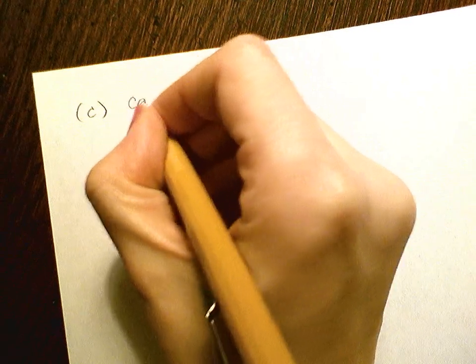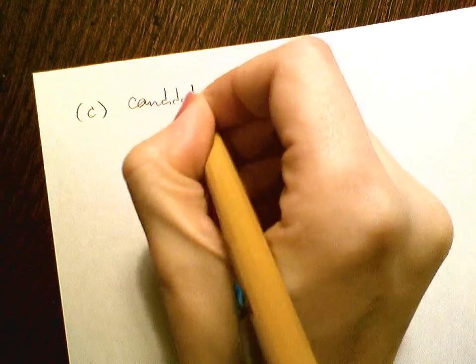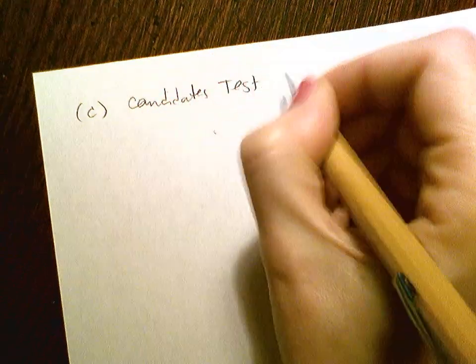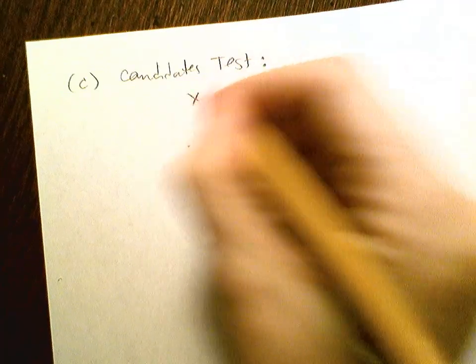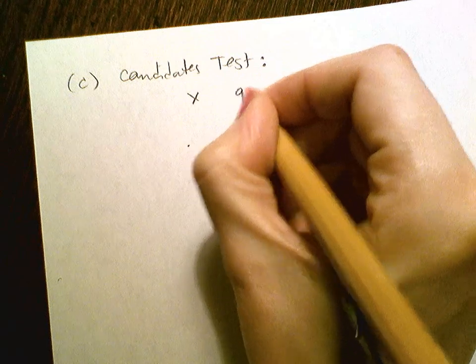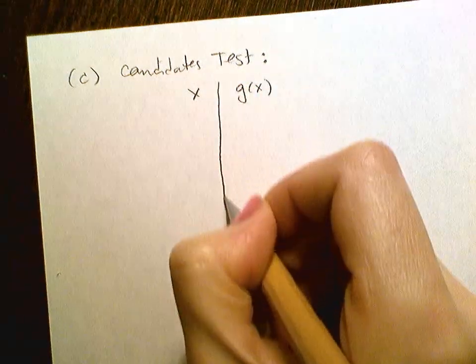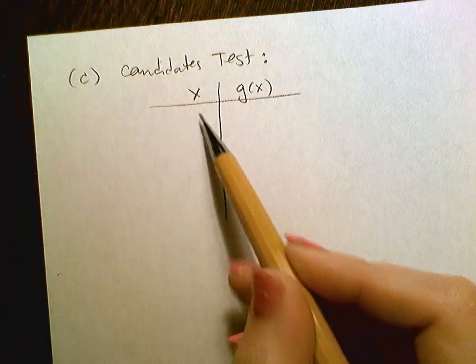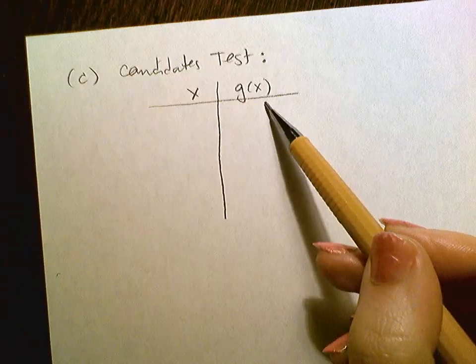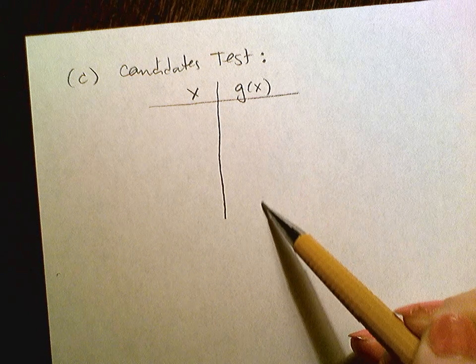All right, so this is for part C, and this is where you might want an extra piece of paper. Okay, so candidates test, and then I'll go like this. All right, so it goes x, and then in this case, g of x. So you do the input values, and then here you plug the input values.